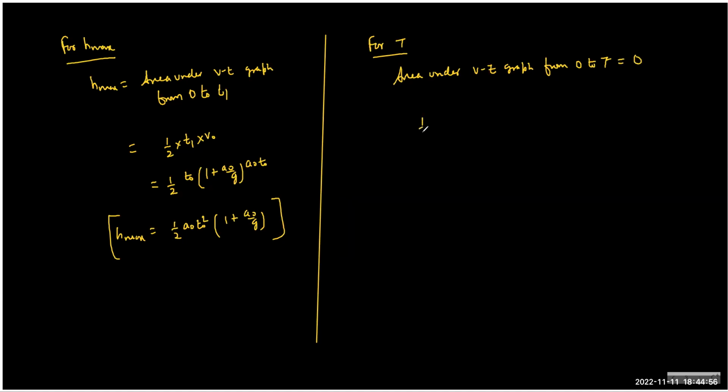So the first area was half into base into height minus half into base into height. So V naught T1 is T minus T1 into H naught.